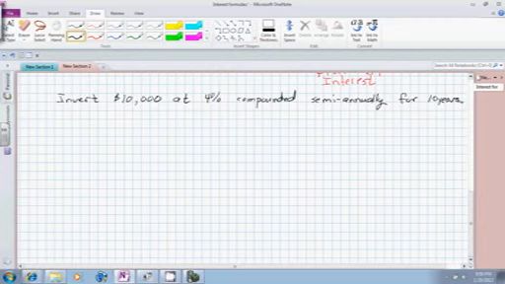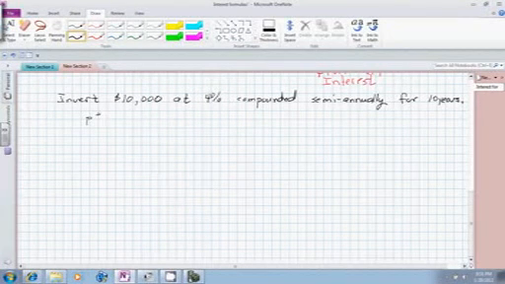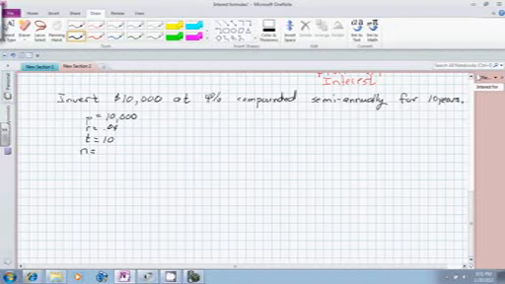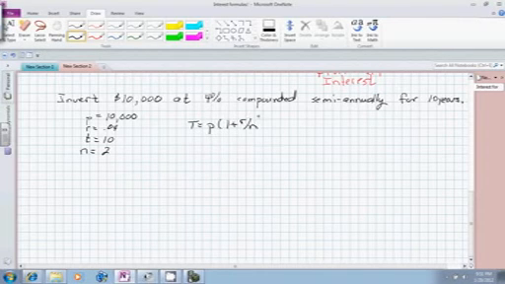Okay, so again, my principal is $10,000. My rate is 0.04. My time is 10, and my N, semi-annually means twice a year, so N would be 2. So that's T equal P times 1 plus R over N raised to the NT. That's 10,000 times 1 plus R, 0.04, over N, which is 2, raised to the NT.